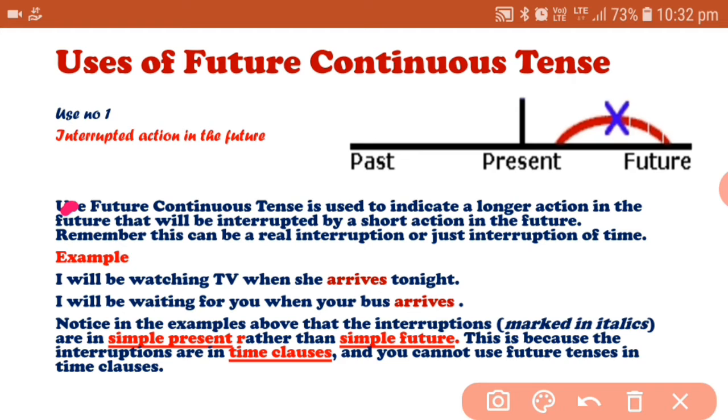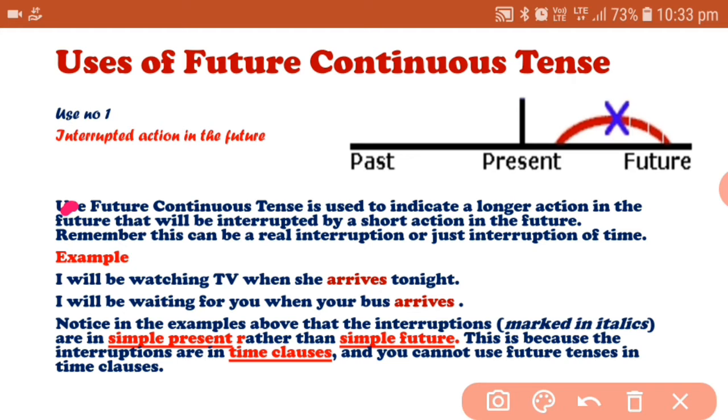That will be interrupted. By whom? By a short action in the future. Remember, this can be a real interruption or just an interruption of time. Students, you should keep in mind, this is a real interruption or it may be the interruption of time.